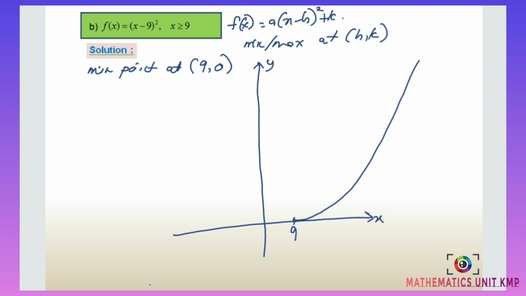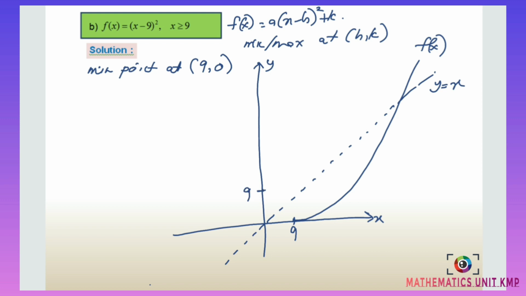The next step, draw the reflection line, y equal to x. We reflect: when f(x) intercepts the x-axis at 9, the reflection intercepts the y-axis at 9.